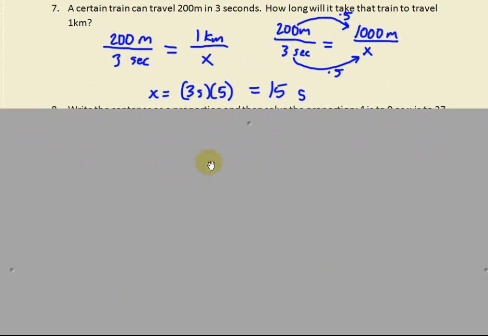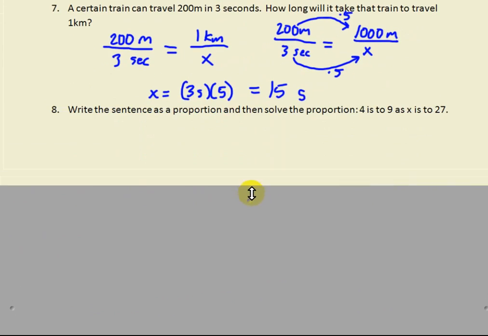All right, number 8. Write the sentence as a proportion and then solve the proportion. So 4 is to 9 as, that's where our equal sign goes, x is to 27.